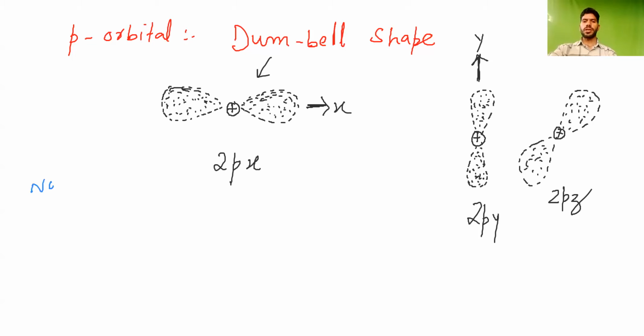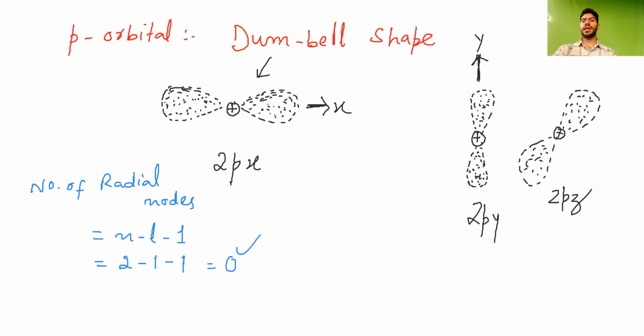Can you tell me, is there any radial node in this 2px? How to calculate the number of radial nodes? I have given you the formula. That's given by n minus l minus 1, right? What is the n value? n is 2. What is the l value? For p, the l value is 1. So 2 minus 1 is 1, and 1 minus 1 is 0.